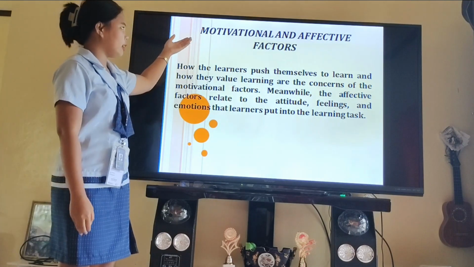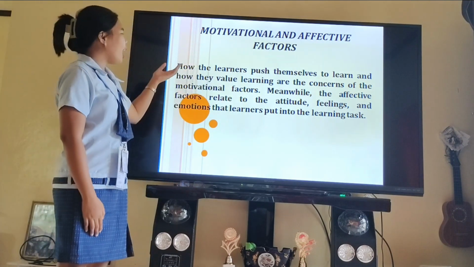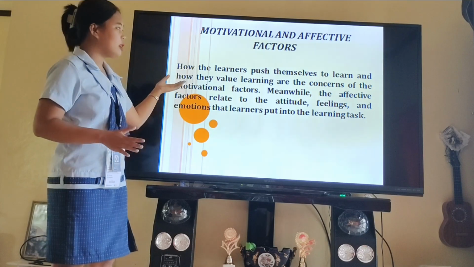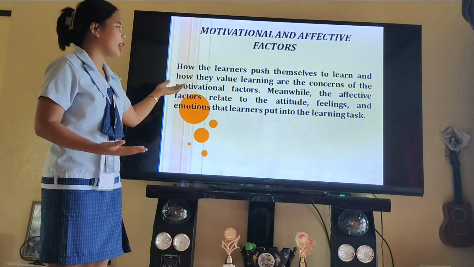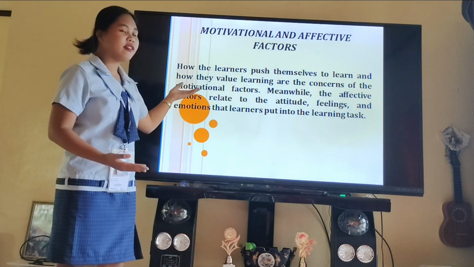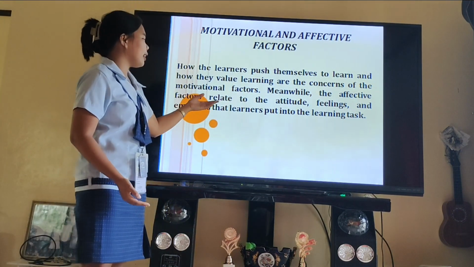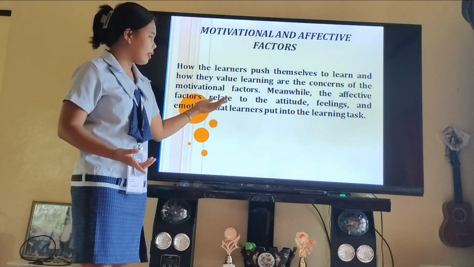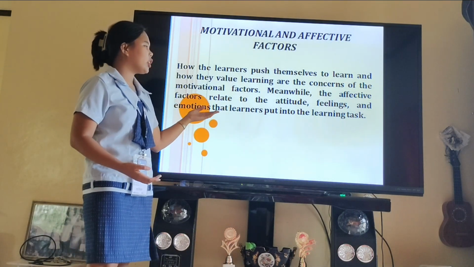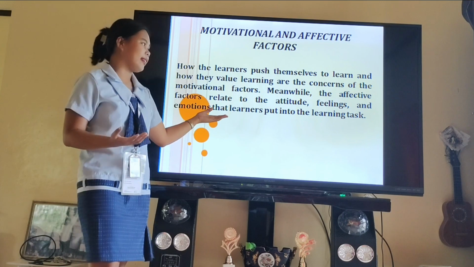How the learners push themselves to learn and how they value learning are the concerns of the motivational factors. Meanwhile, the affective factors relate to the attitude, feelings, and emotions that learners put into the learning task.